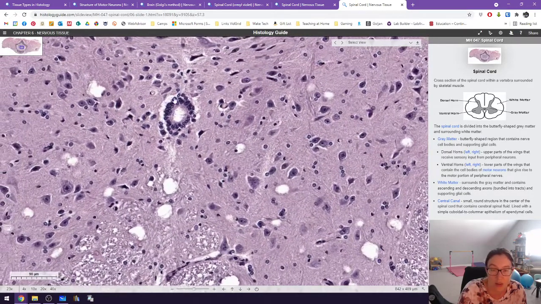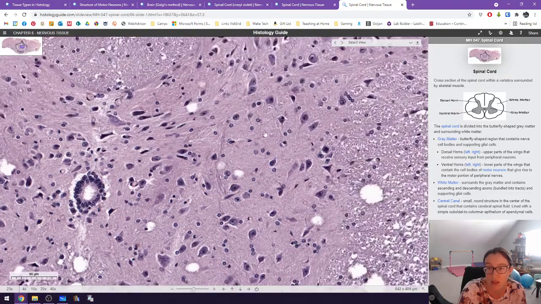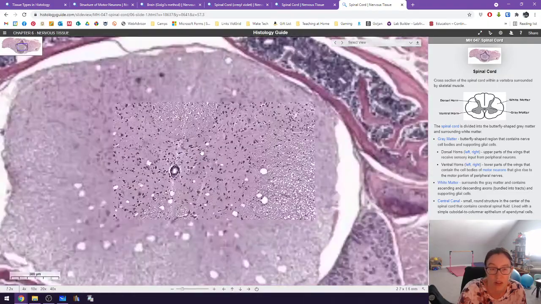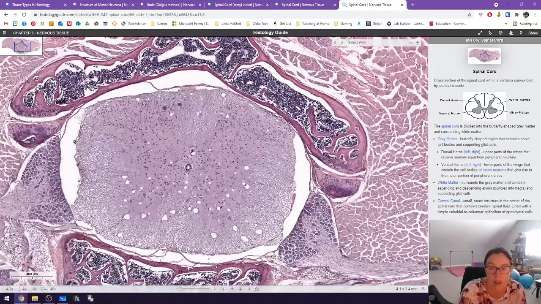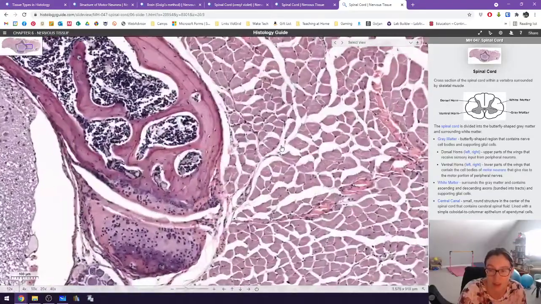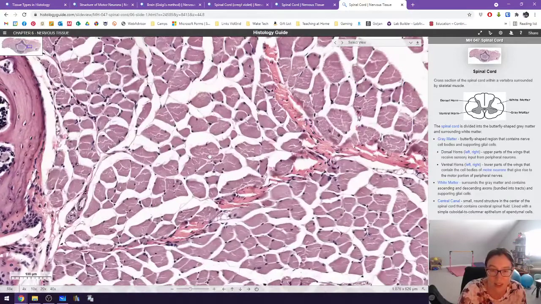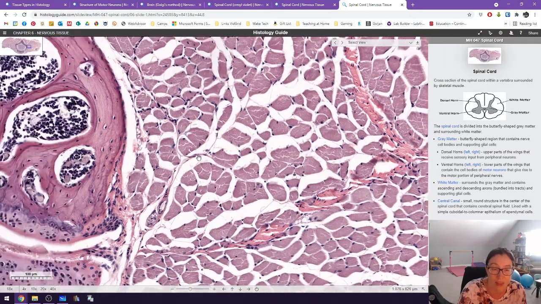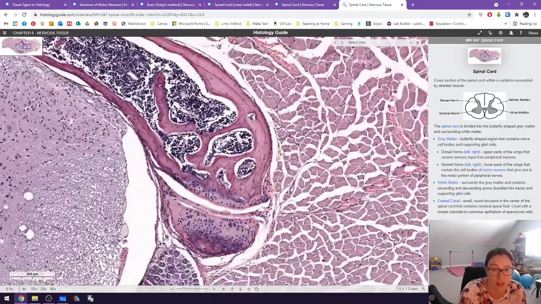And these are also a special type of glial cell lining the central canal of the spinal cord, the ependymal cells, and those are stained with H&E. Then over here we have some muscle in cross-section, because this is skeletal muscle in cross-section. These are the muscles along the back. So we have lots of different tissue types on this slide. It's a really interesting slide.